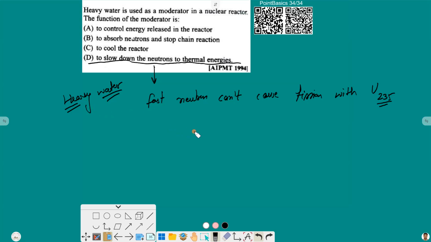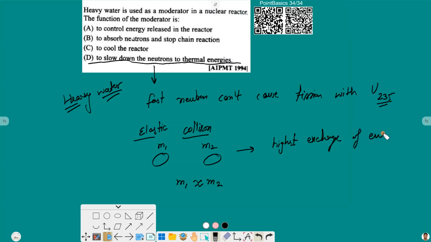You can explain that if you have studied collision, most prominently elastic collision. In elastic collision, if you have two masses, let's say M1 and M2, and M1 is comparable to M2, then there is the highest exchange of energy.